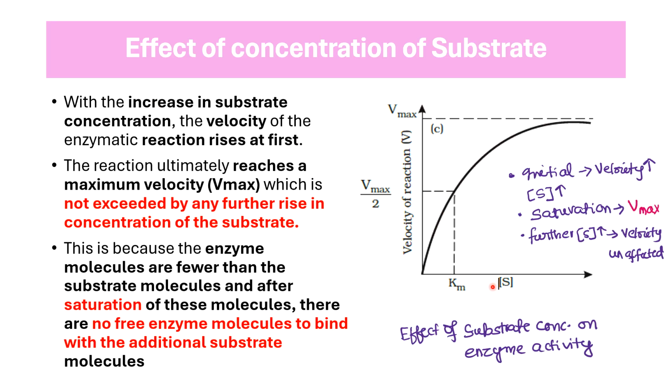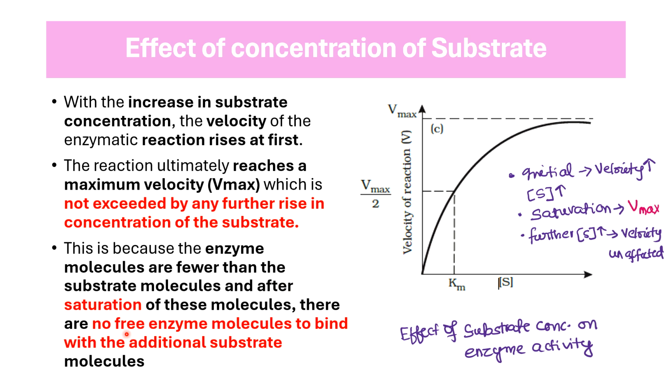Because when you initially increase the substrate, more substrates go and bind to the enzyme, so there will be an increase in the rate of the reaction. But when the substrate is increased beyond a point, there are very few enzyme molecules and there are no active sites remaining in which the substrate can go and bind.